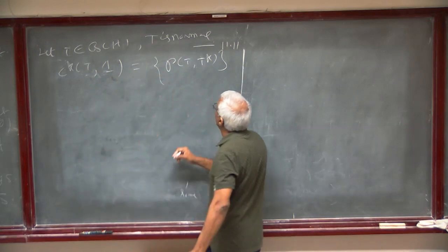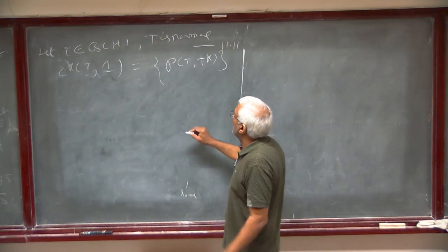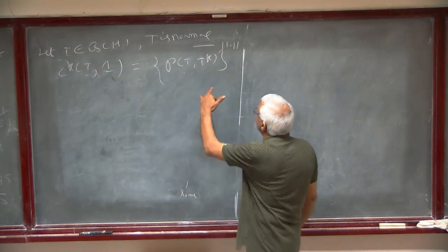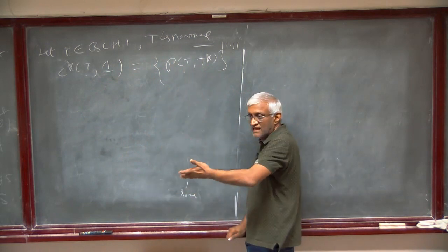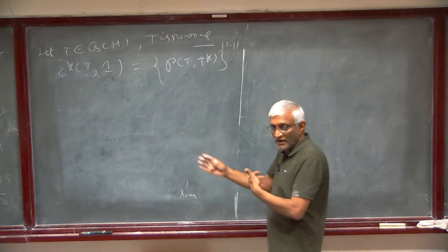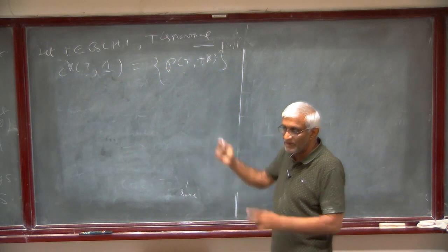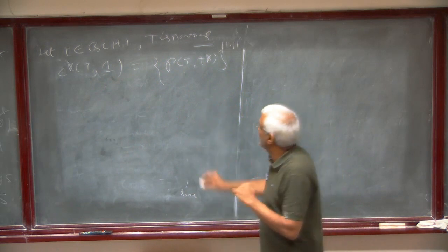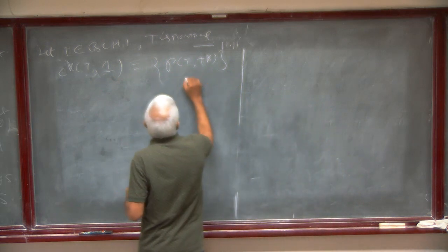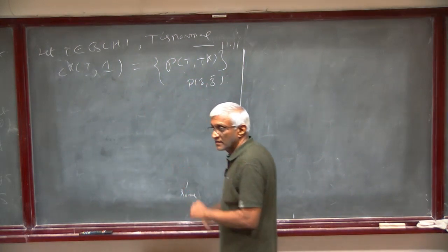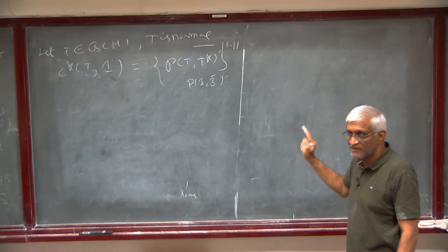To prove the other direction, this is a C star algebra, and this is the smaller one. You have T, and T star is also there, and you only have to worry about products. Since T and T star commute, you will again get a single polynomial in T and T star. These are all those polynomials P of z and z bar, complex polynomials in two variables z and z bar.